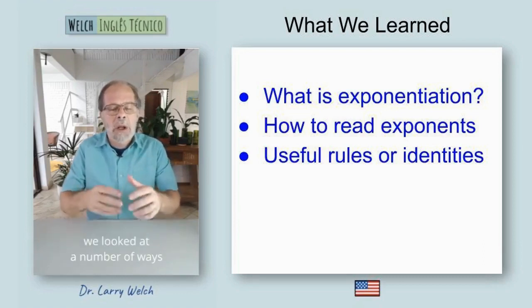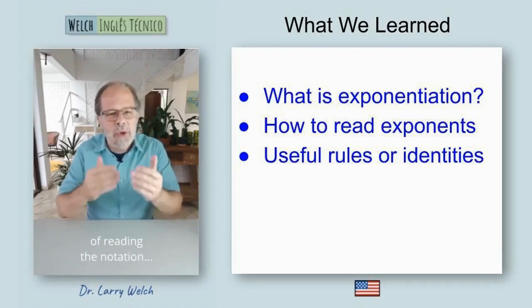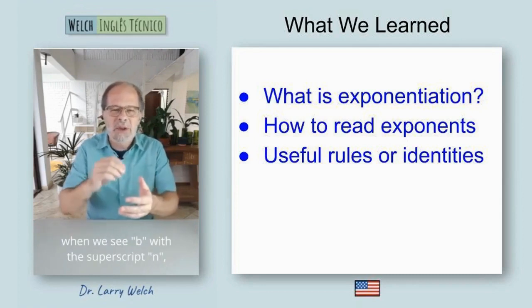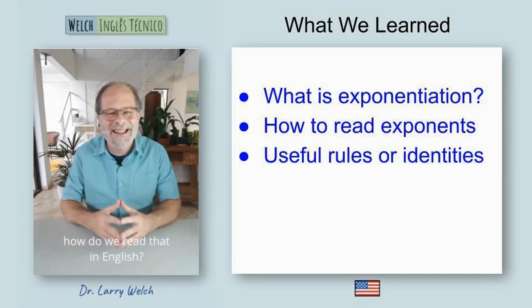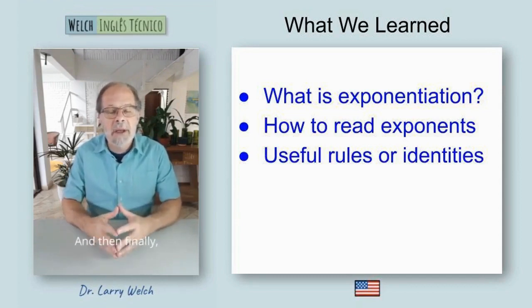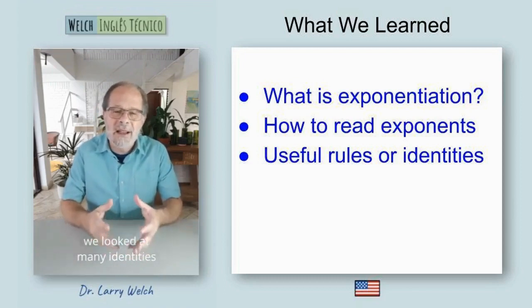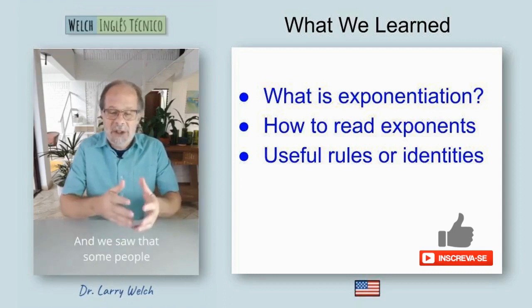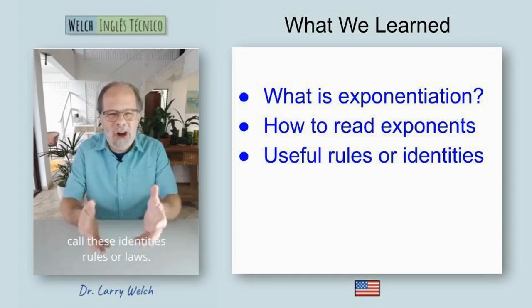Next, we looked at a number of ways of reading the notation. When we see b with the superscript n, how do we read that in English? And then finally, we looked at many identities that are useful in exponentiation. And we saw that some people call these identities rules or laws.